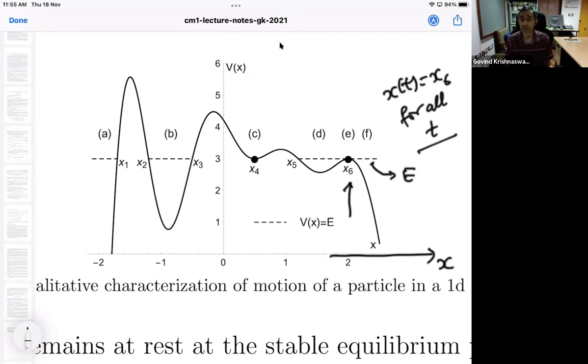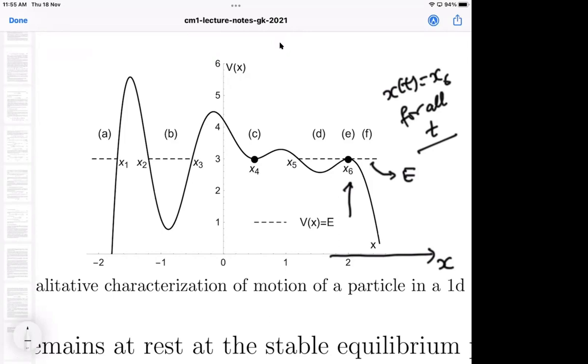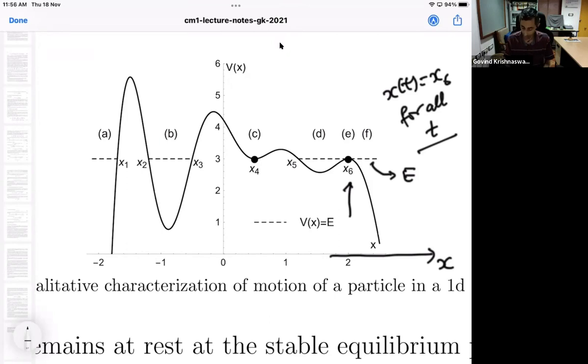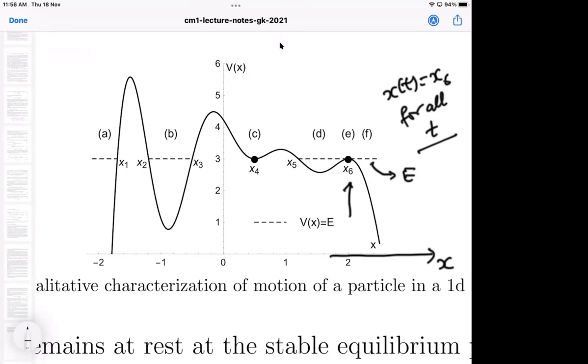Can you tell me that? Because the derivative of the potential is 0. And so the acceleration should be 0, and yes, the acceleration is 0 in this case.